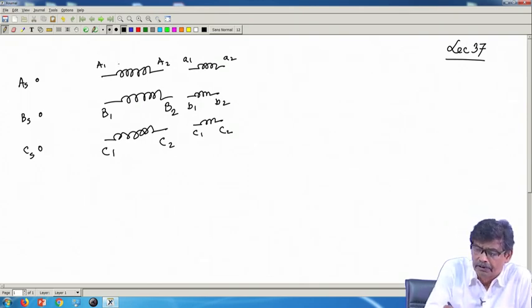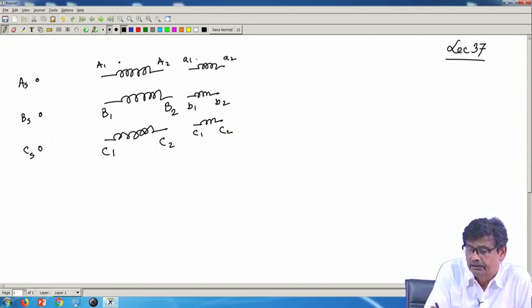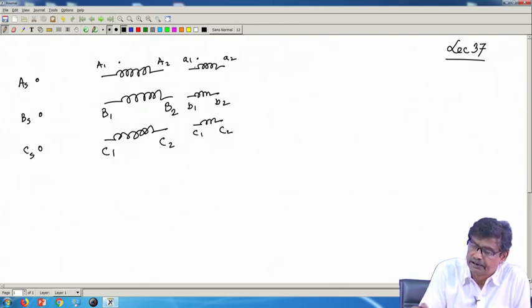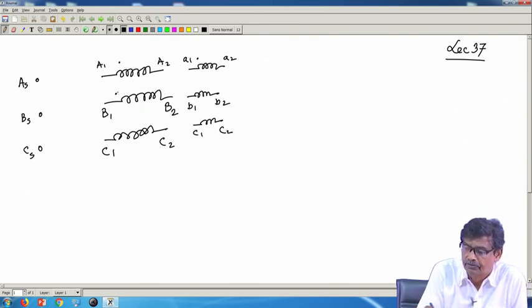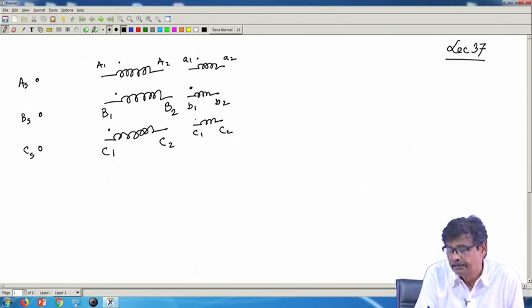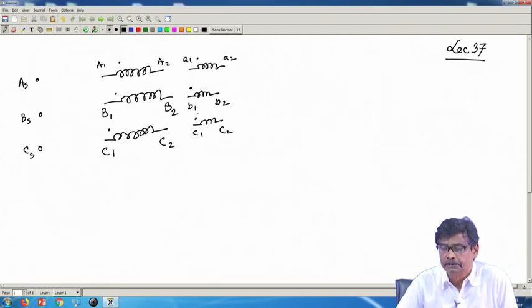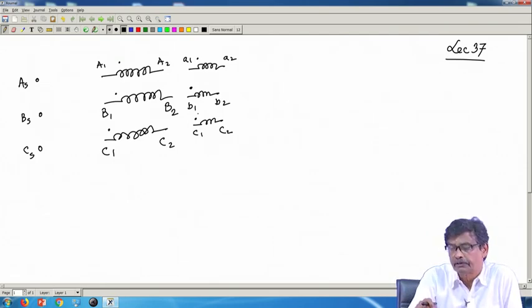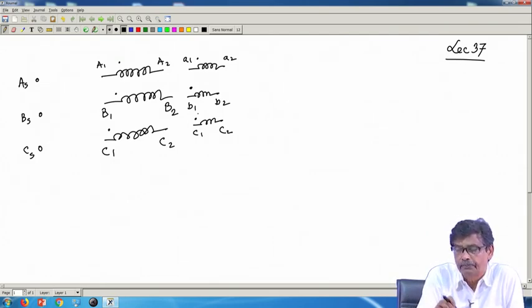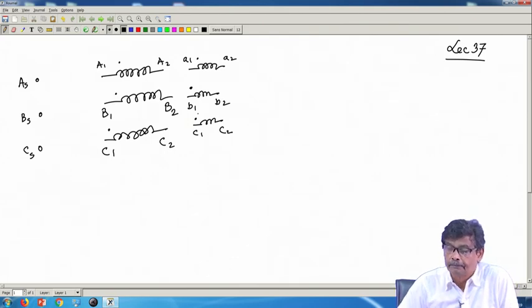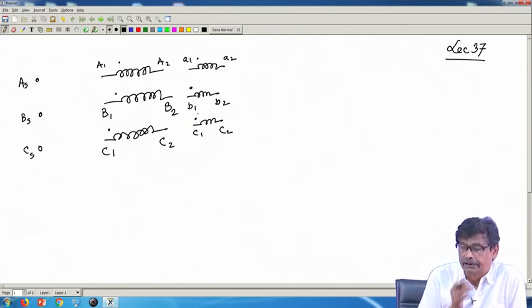And also remember, these one terminals are dots, like polarities at any given instant of time. Similarly for transformer B and transformer C. How do I get this? I will test for polarity of the individual transformers, put the dots and mark the terminals accordingly. Anyway, this is how it is.